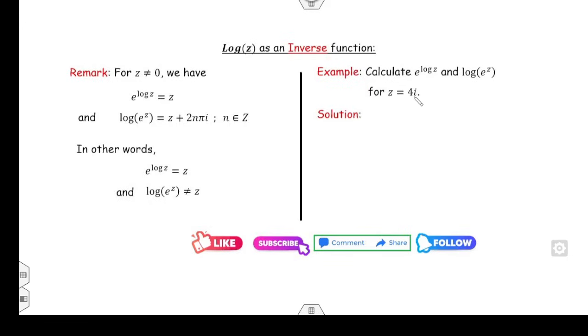Now if somebody will ask you calculate the value of e raised to power log of z, fine, and log of e raised to power z. Fine, so clearly say e raised to power log z, because it's a log and log is the inverse function, that is my z, and z is given to be 4 iota.